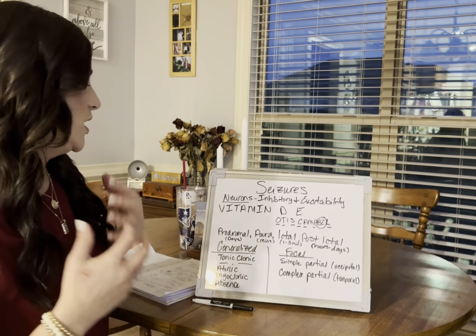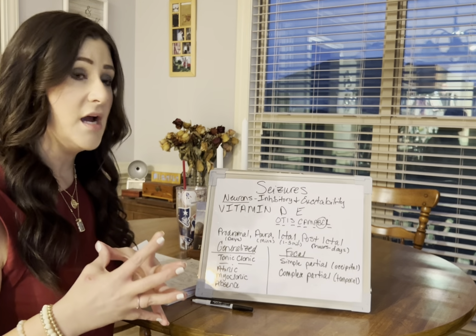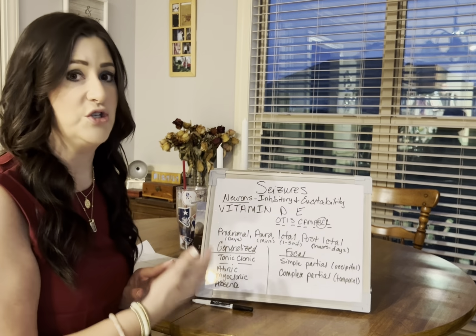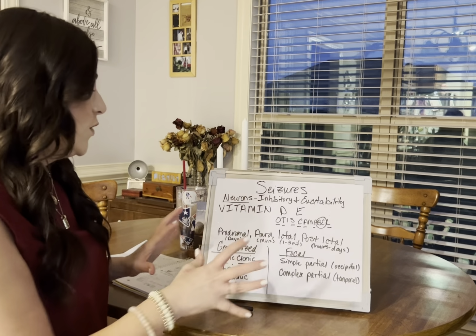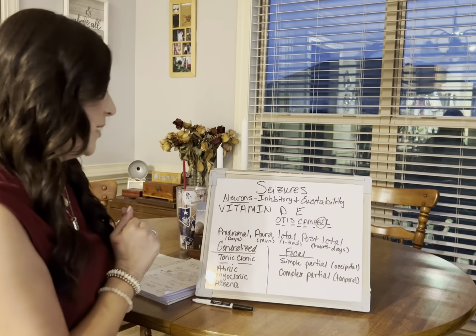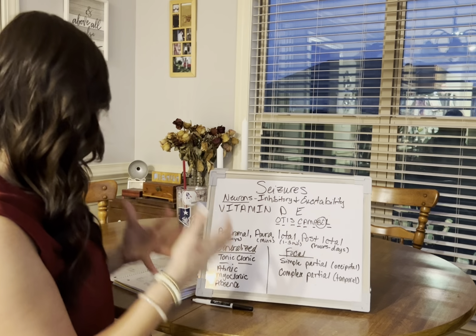Okay. So if you think about this, the biggest risk for injury obviously lies over here with the generalized seizures, right? So that's an overview of simple patho, the reversible causes, the stages, and then the types.